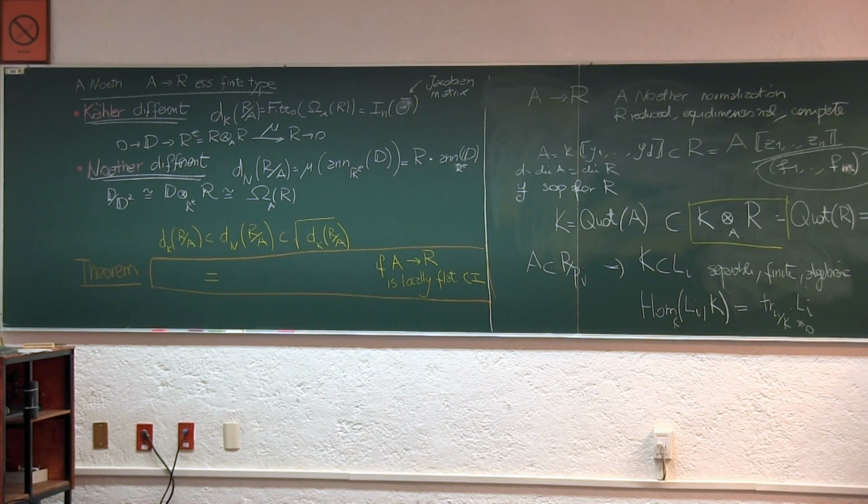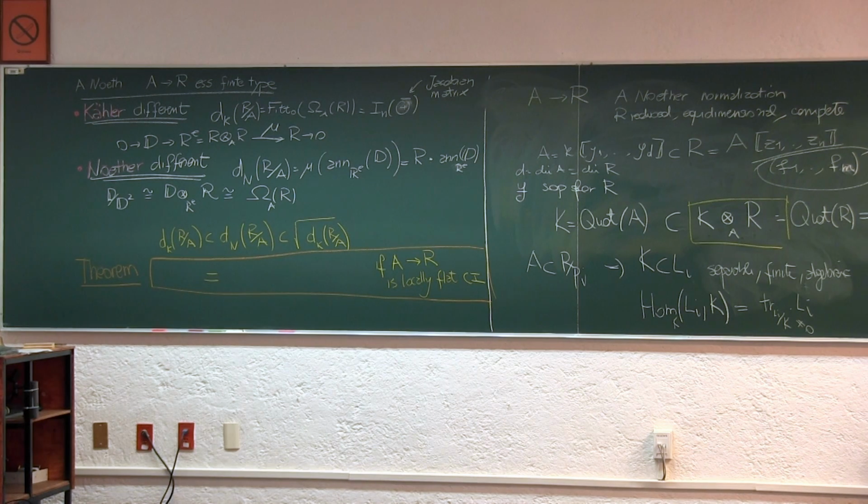Okay, so we get this thing, and now how do we find our different, the Dedekind different? So this is a fractional ideal, and the Dedekind different is simply its inverse. So the Dedekind different, where did I define it? Well, here, this is the complementary module.